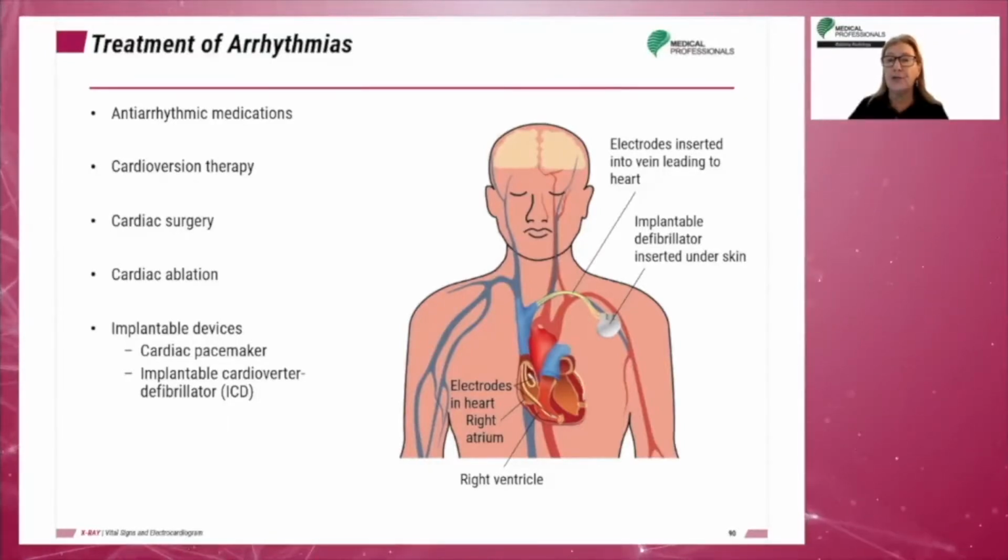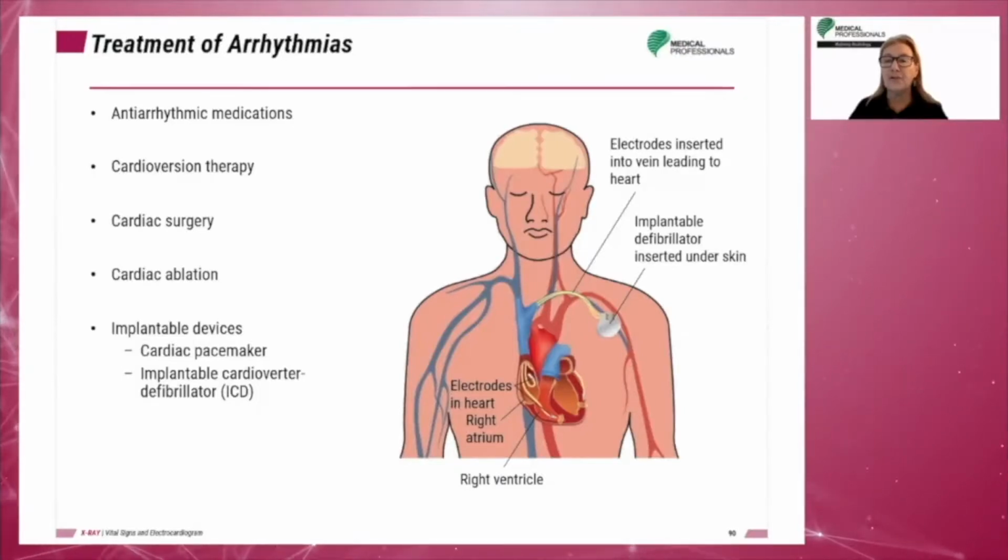Others include cardioversion therapy, when electrical shocks are sent to the heart by placing electrodes on the chest, cardiac surgery, cardiac ablation, when the sites of irregular signals are destroyed, and the placement of implantable devices such as the cardiac pacemaker or the implantable cardioverter defibrillator, or ICD.